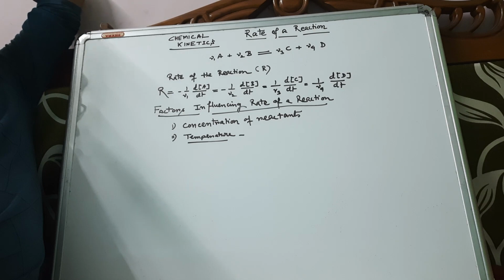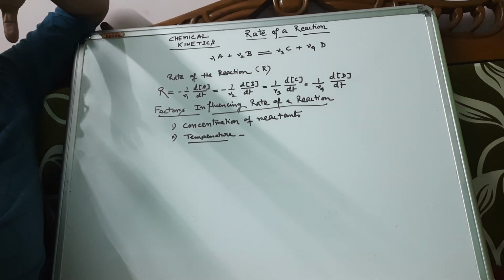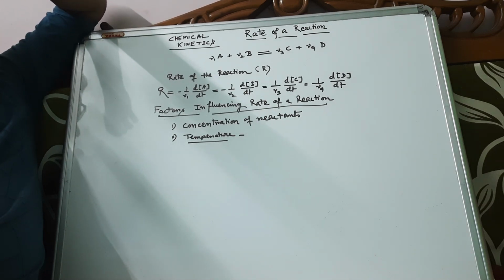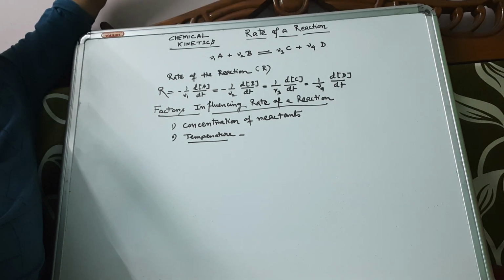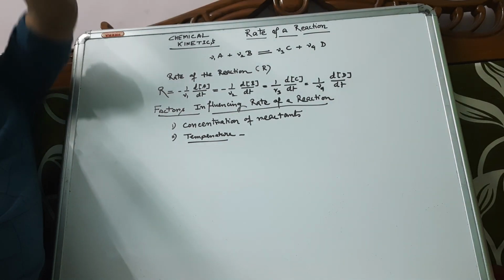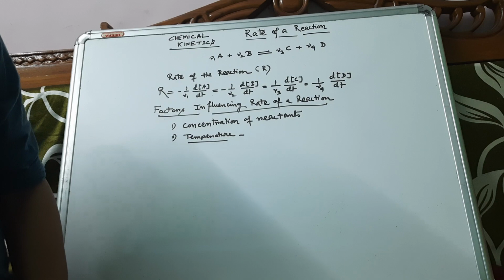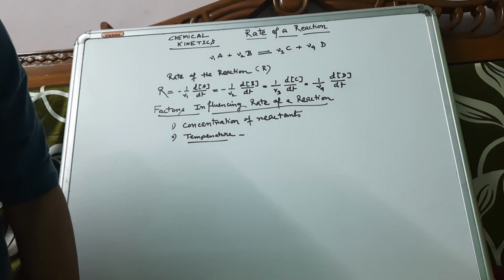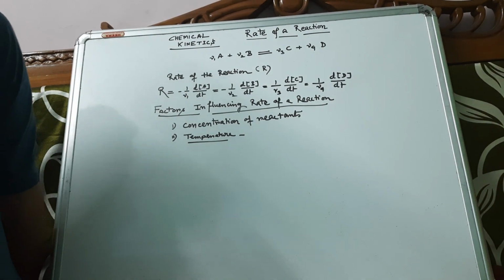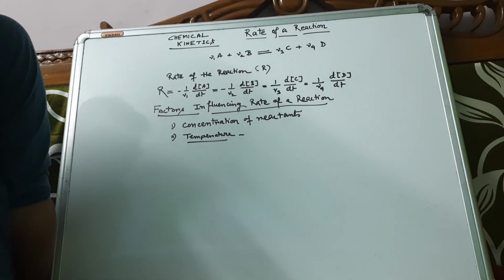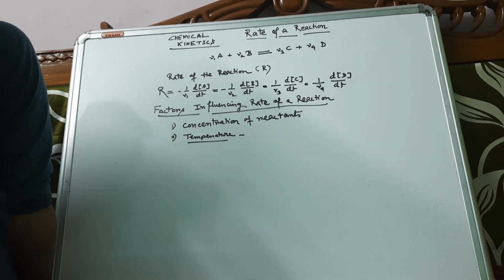A chemical reaction occurs when the molecules of the reactants collide with each other, otherwise a chemical reaction doesn't occur. So to bring about a chemical reaction, the collision of the molecules should occur, and the rate of the collision of the molecules depends on the temperature.